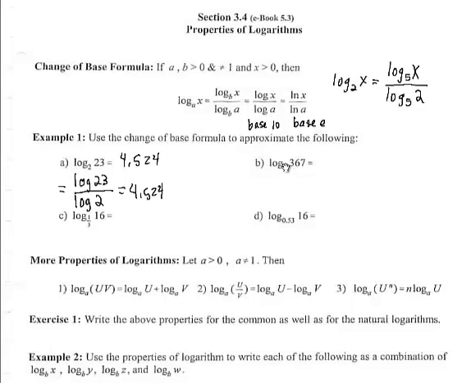Okay, so here's another example. We have log base 5 and the argument's 367. We could use the natural log this time to approximate it, and we can write ln, and you can see that the 367 spatially is oriented above the 5.